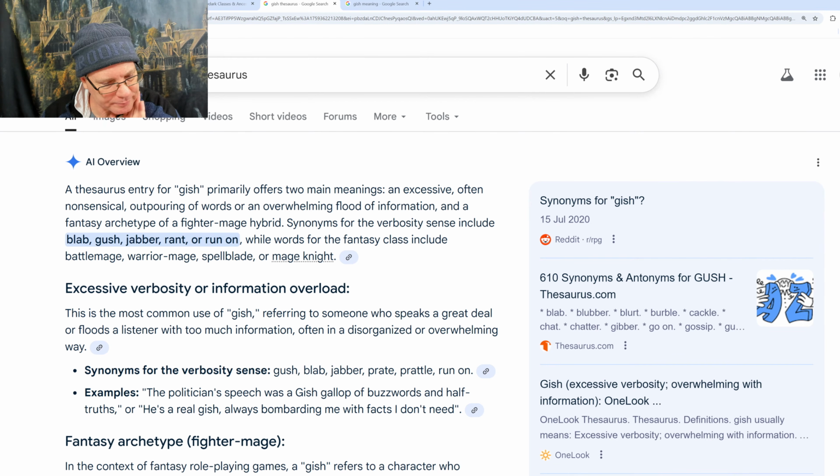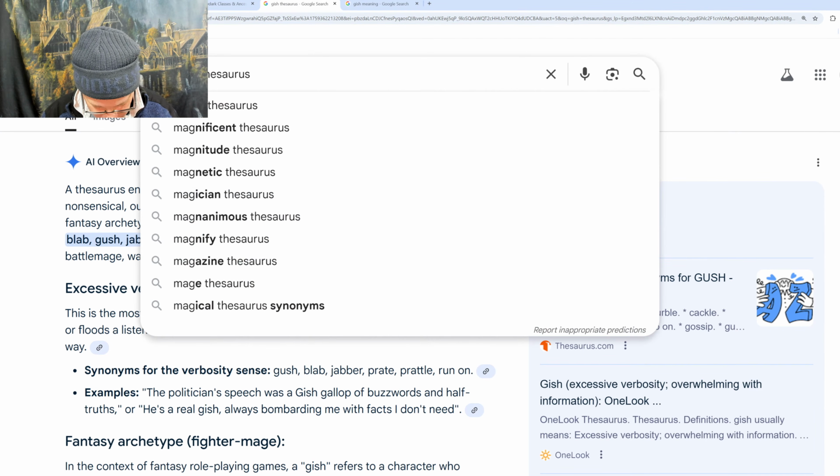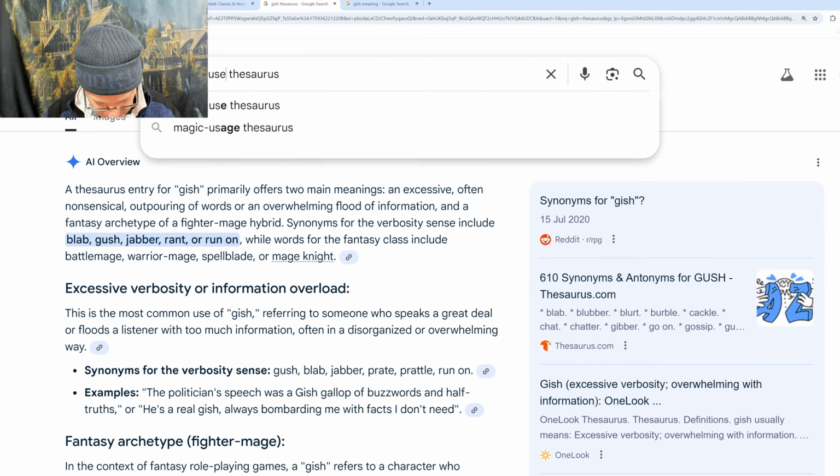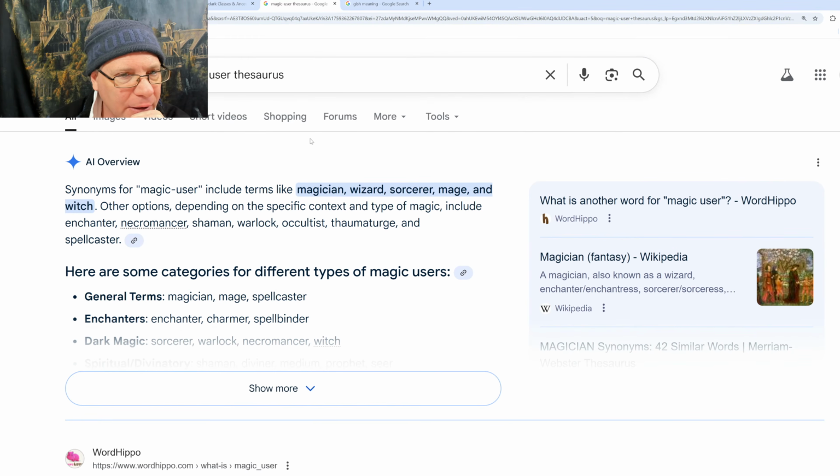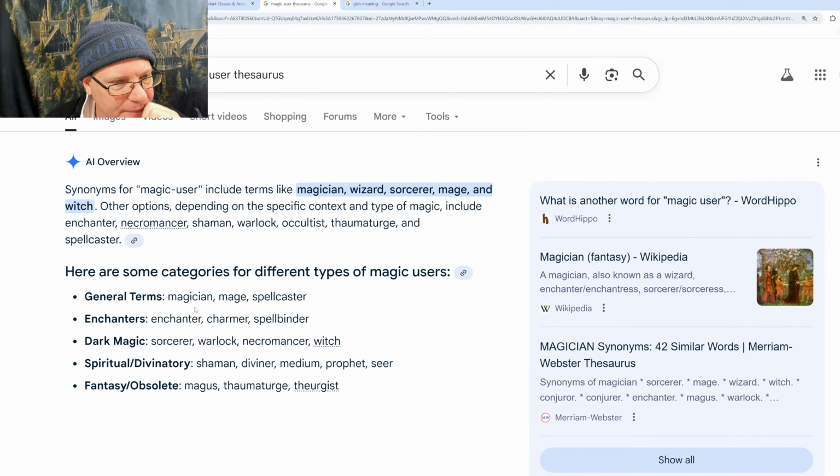What's another word that we could use that is in the same vein? Magic user, Thesaurus. All right, magician, wizard, sorcerer, mage, witch. Okay, so all of these we've kind of been through before. Magician, mage, general, spellcaster, enchanter, dark magic, sorcerer, and witch.